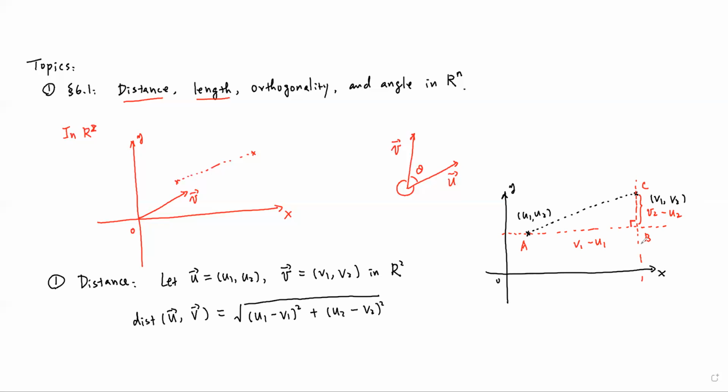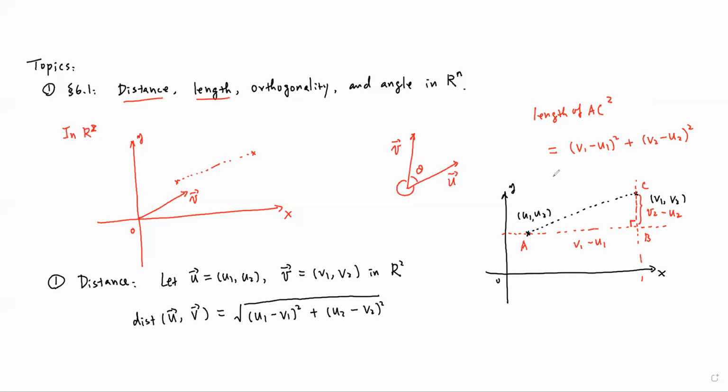So by the Pythagorean theorem, the length of AC, not AB, the hypotenuse of the triangle, squared is equal to the length of AB squared, V1 minus U1 squared, plus the length of BC squared, V2 minus U2 squared.